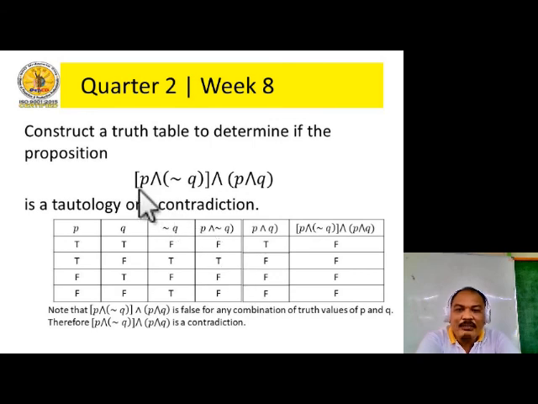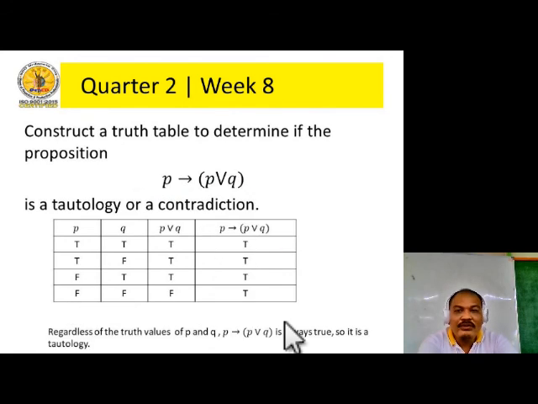Now, given this operation, if we're going to have a compound operation of the given propositions, given the concepts of this operation, we ended up with a false in all columns in any combination. So all of them are false. Note that the given compound operation is false in any combination of the truth values of P and Q. Therefore, this is a contradiction.